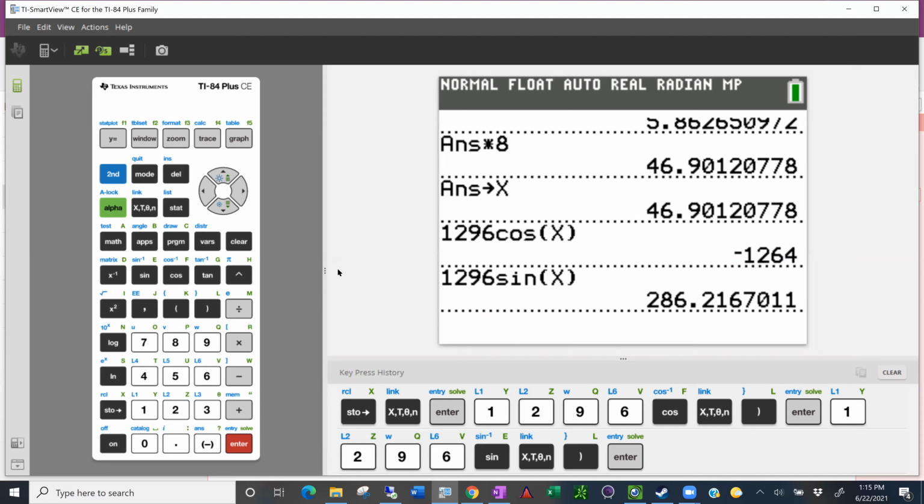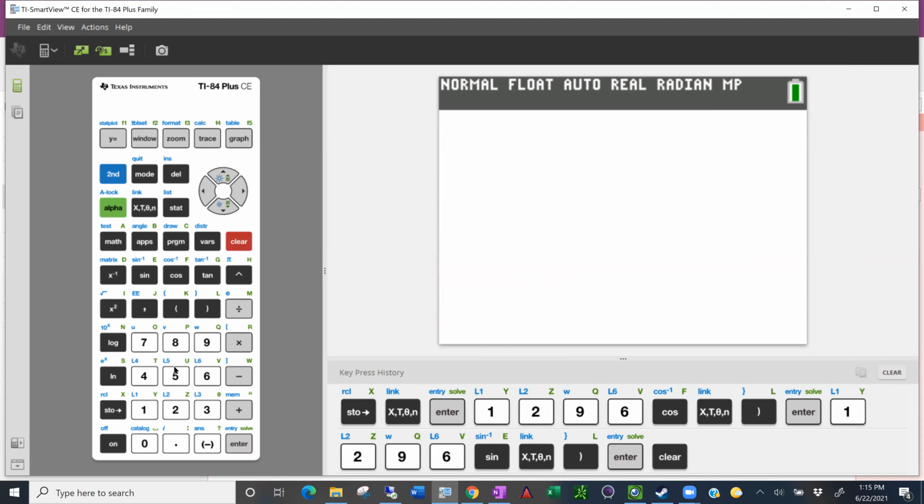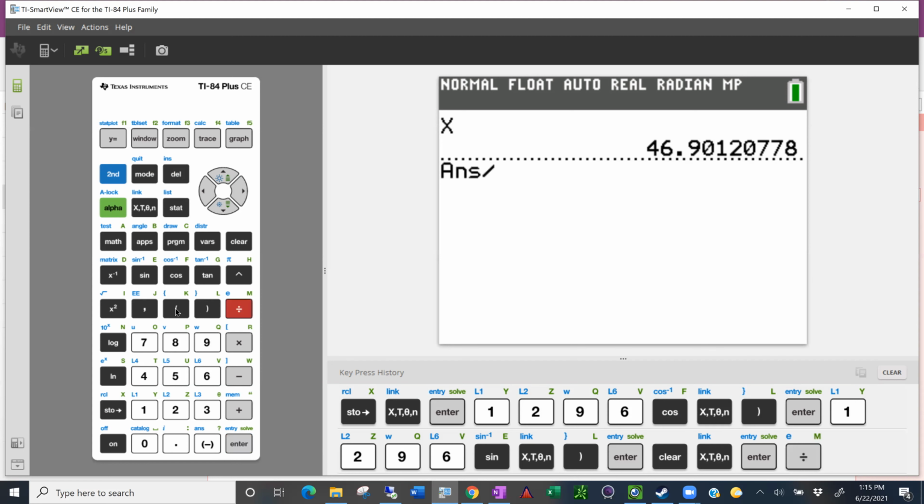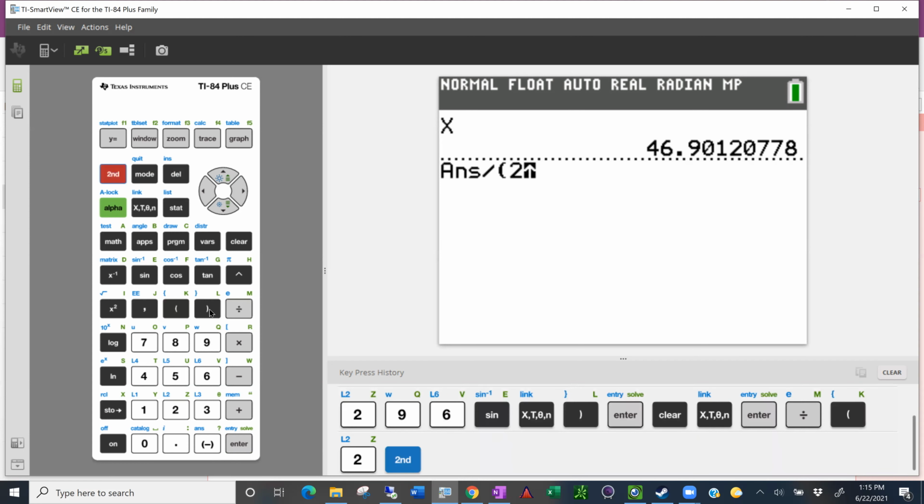But let me show you a little trick here. Now I've got this value stored here in x, right? Okay. So x, that's that angle. If I want to know how many multiples of 2 pi I can subtract off, let me just divide by 2 pi.